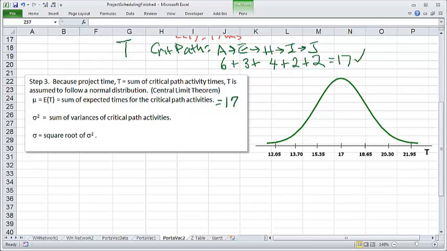Okay, now the sum of variances of critical path activities, that we need to add up. So that means we pick out the critical activities and add the variances. That will give us the variance of the entire project time.